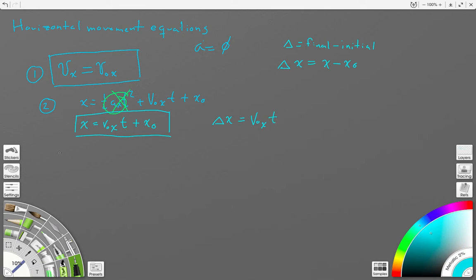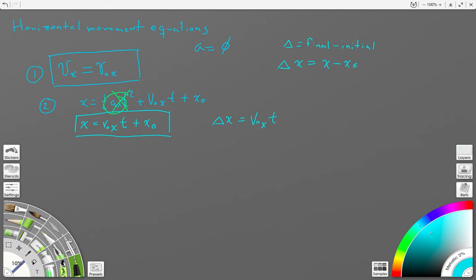These are the two equations that we'll be using for our horizontal movement. They are very simple, and they are exactly the same equations that we use for vertical movement, but in this case, since acceleration is 0, this term cancels out.